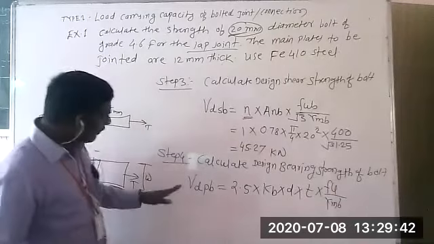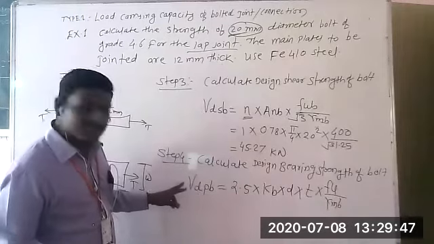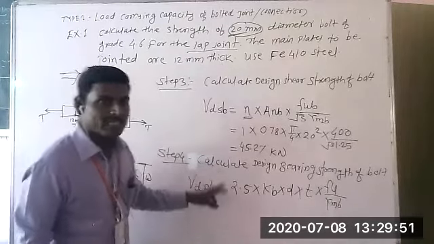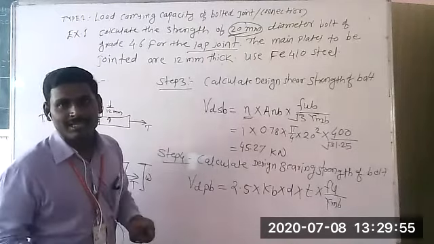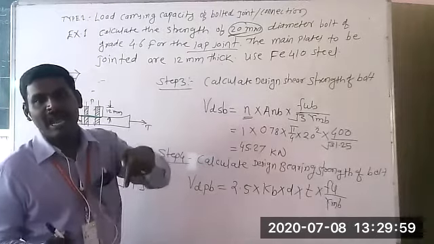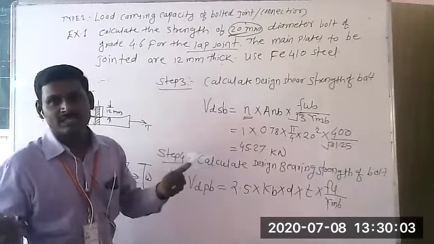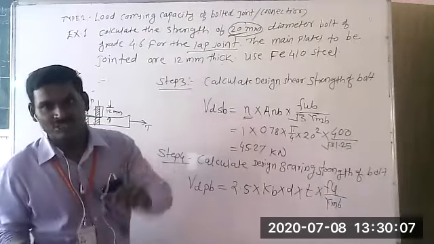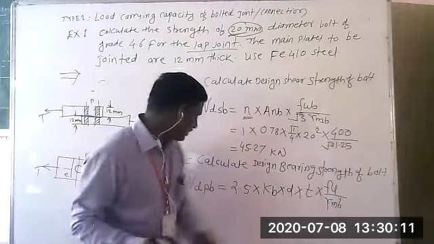Okay, so VDPB is the design strength of the plate in bearing. We say the plate because the bolt is inserted in the plate, and whenever the plates are under loading, the bolt will give pressure to the plates, so bearing pressure will be there, so we are calculating the bearing strength.